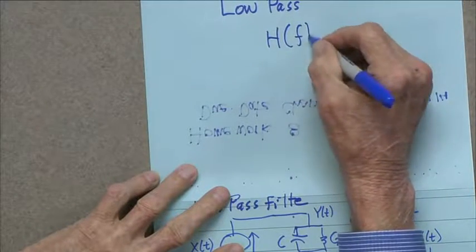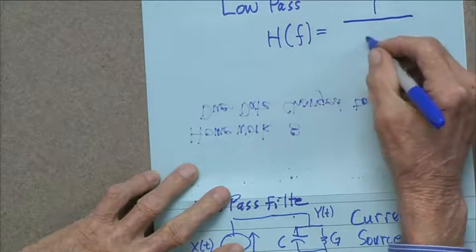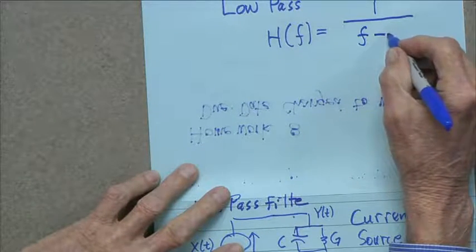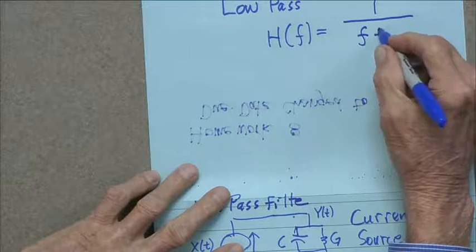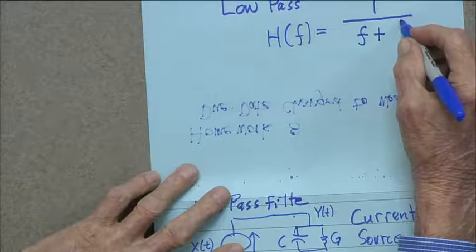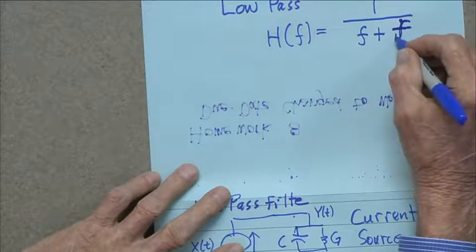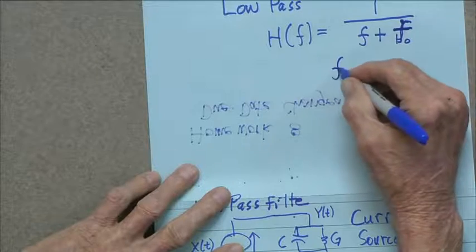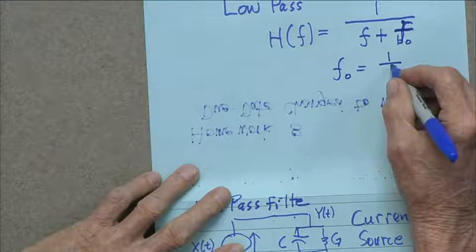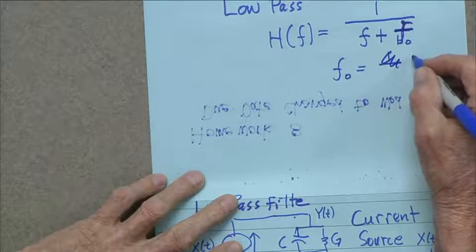H of F is 1 over F plus 1 over RC. That'd be F0. Oh, F0 is 1 over the time constant, 1 over RC.